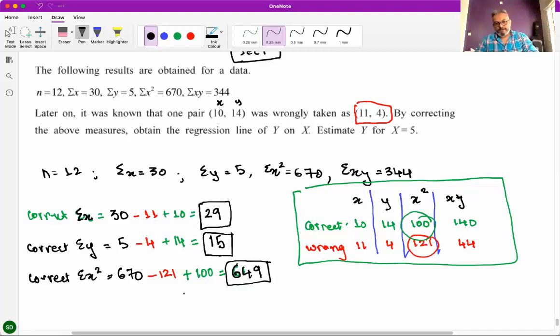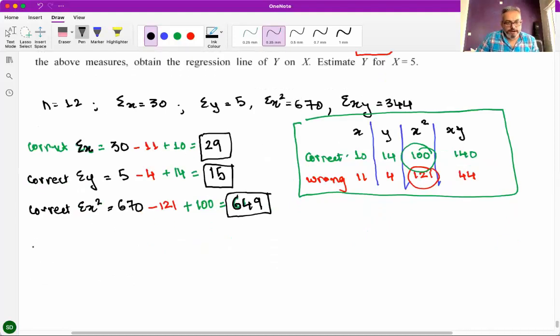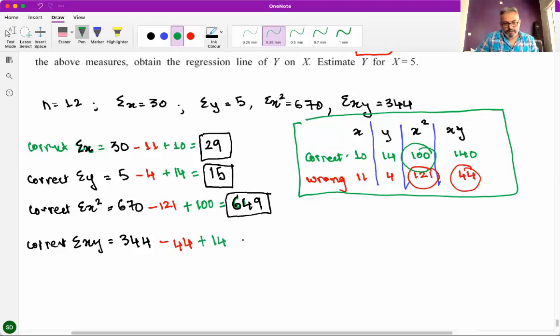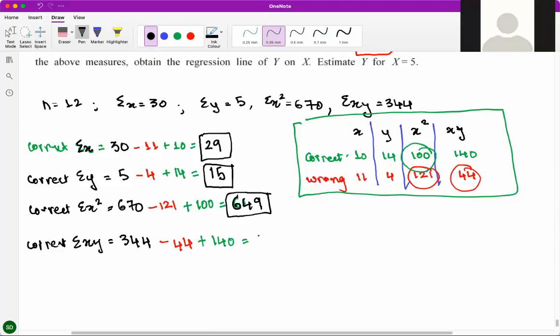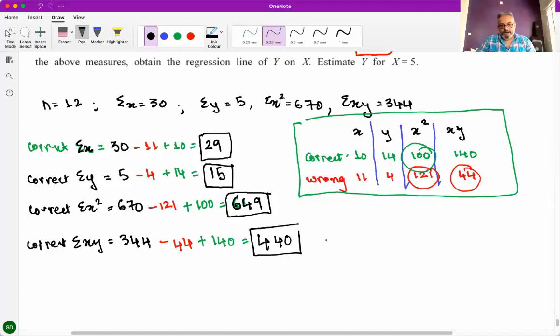So now we got correct sigma x square. Now correct sigma xy is equal to 344 minus, we already have calculated 44, plus 140, which is equal to 440. Now we have got everything correct.